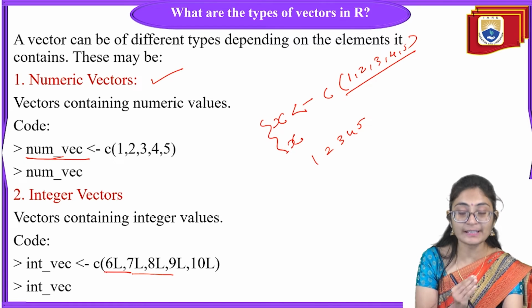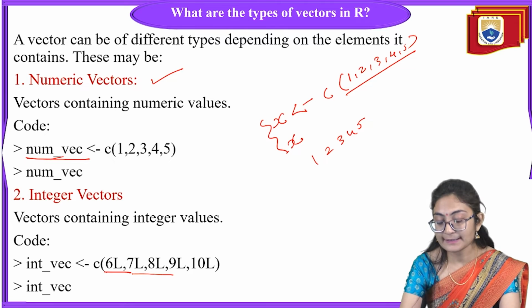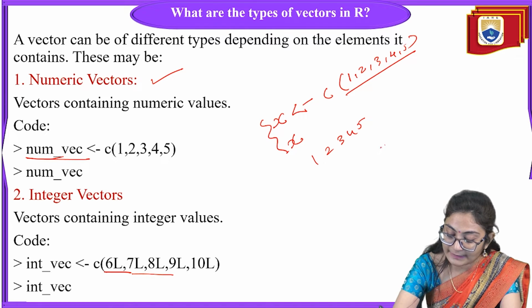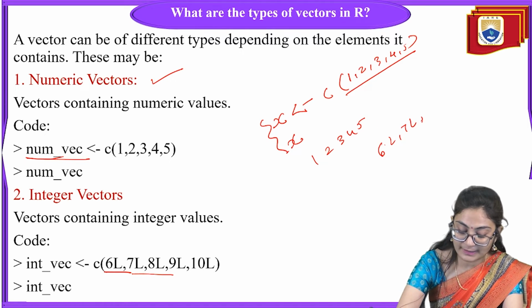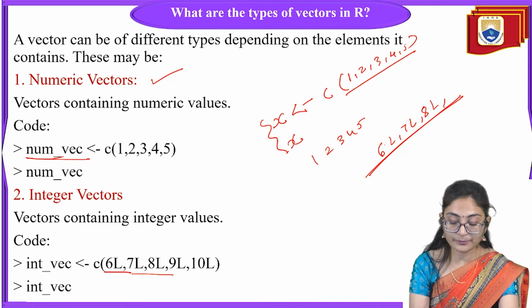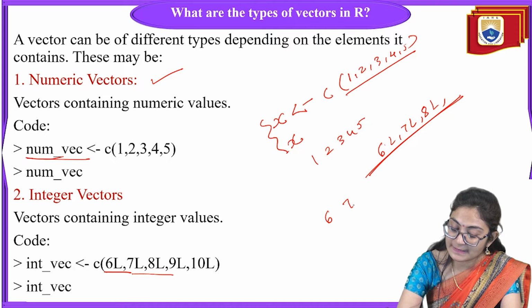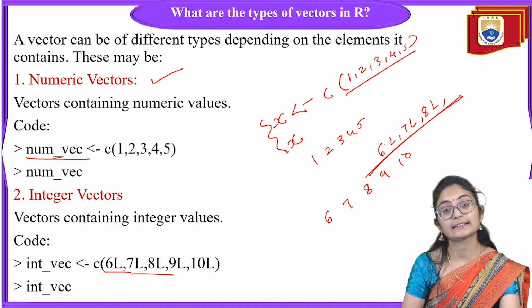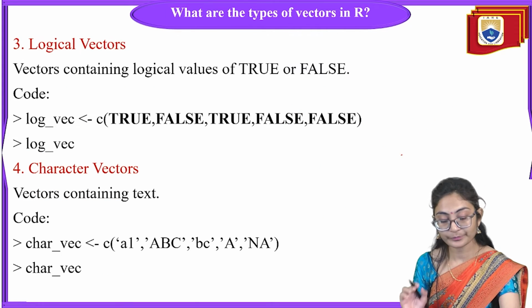But for integer values, you have to give the input as 6L, 7L, 8L. That means you have to write it with the L. After that, you will get the output 6, 7, 8, 9, 10 as integers.